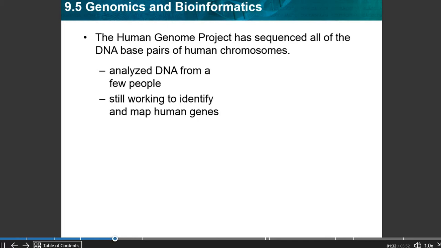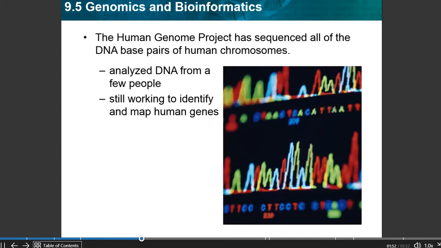There's a couple of projects out there like the 1,000 Genome Project, where they're taking it from thousands of different people and processing their genomes, being able to use it as a database for that. So we're still working to identify and map the different human genes.